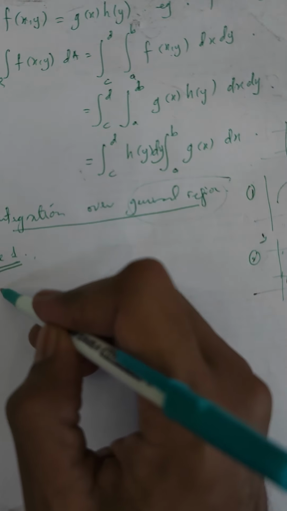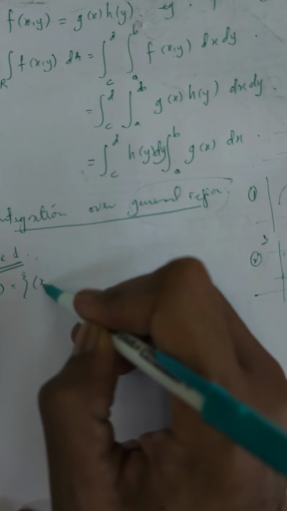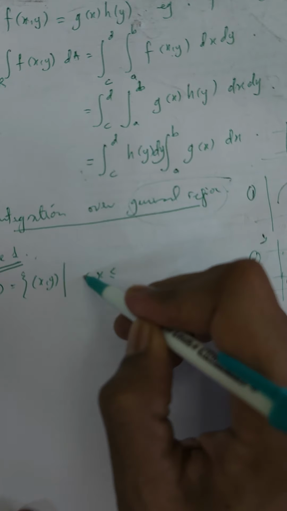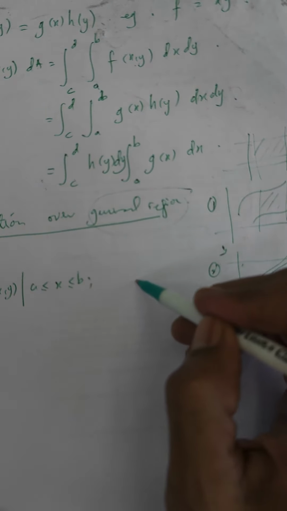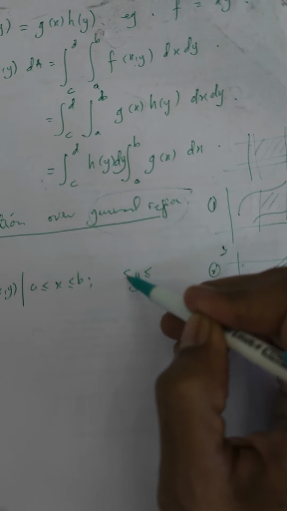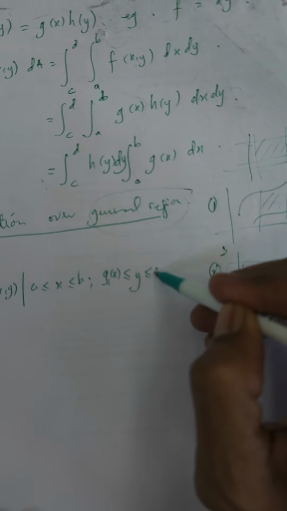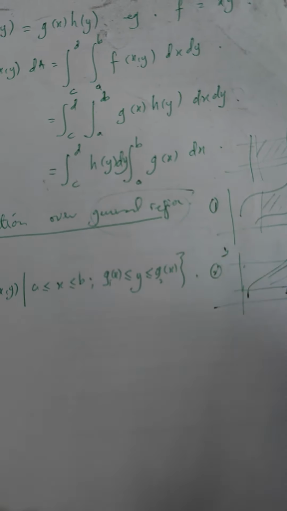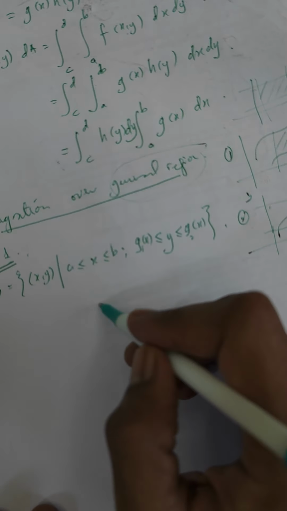let's say the region D is bounded by (x,y) such that x is between a and b and y is between two functions, g1(x) and g2(x). What does this mean? It looks like this. So let me sketch again.